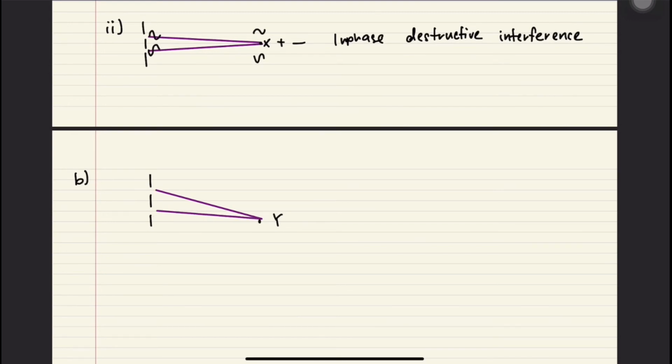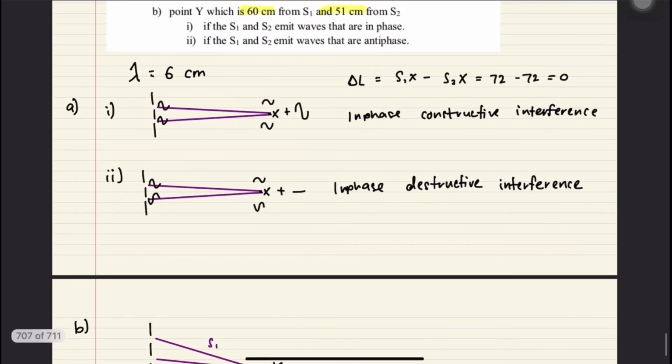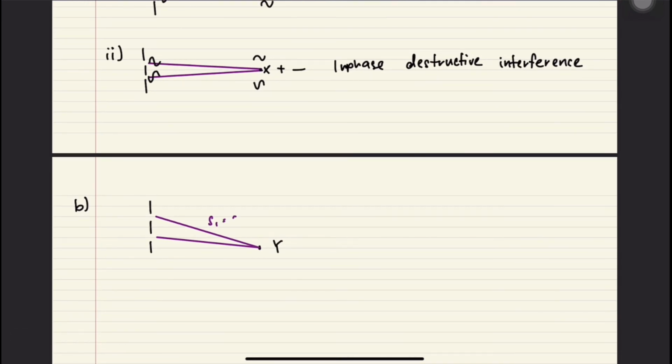Let's say S1Y is equal to 60 and S2Y equals 51 centimeters. If you calculate your delta L, this will be S1Y minus S2Y, which is 60 minus 51.